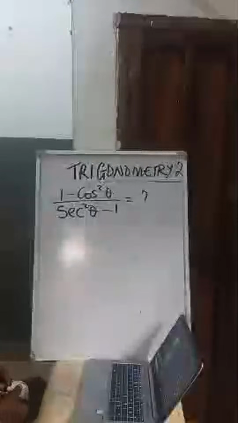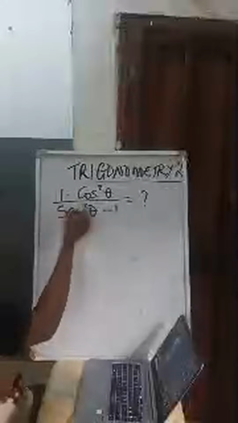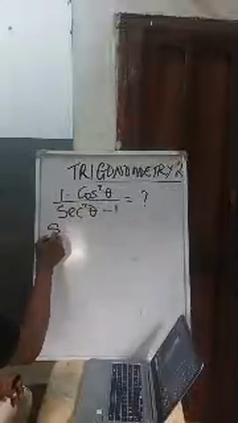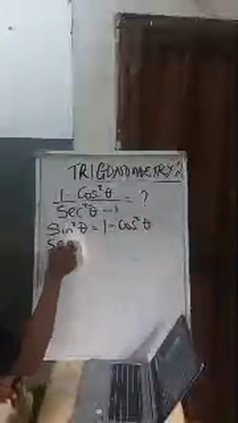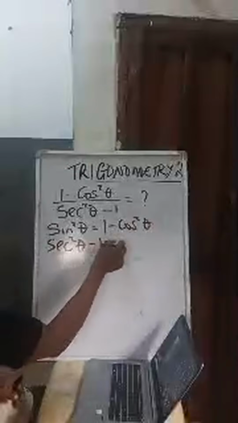All right, so have you finished solving it? Let's solve it together. 1 minus cos squared theta over sec squared theta minus 1. From what I have told you before, sine squared theta is equal to 1 minus cos squared theta. Sec squared theta minus 1 is equal to tan squared theta.